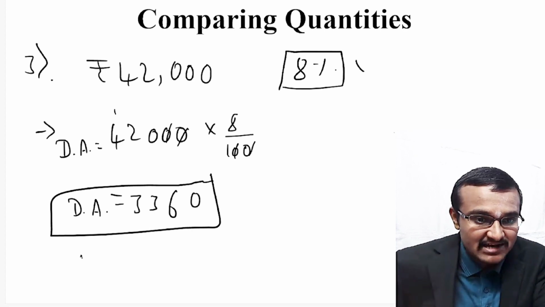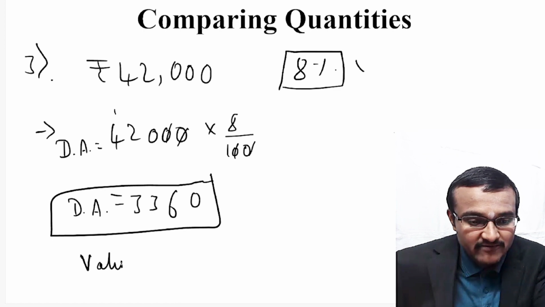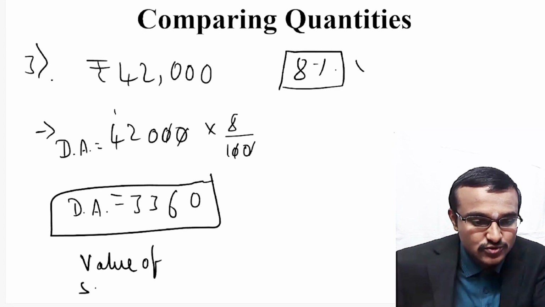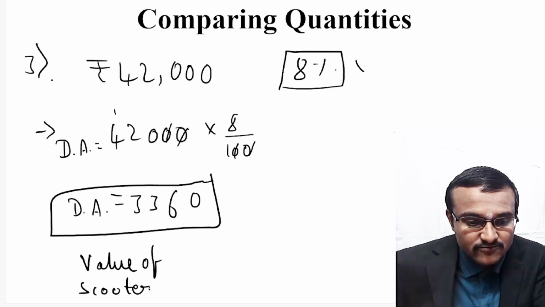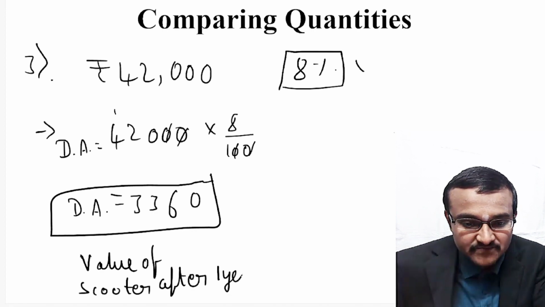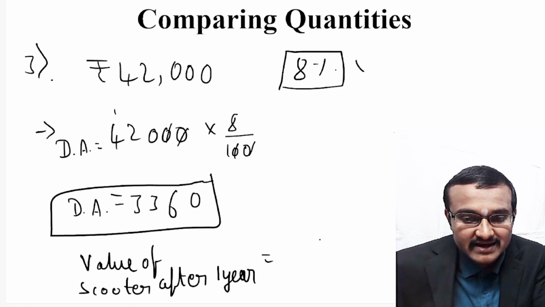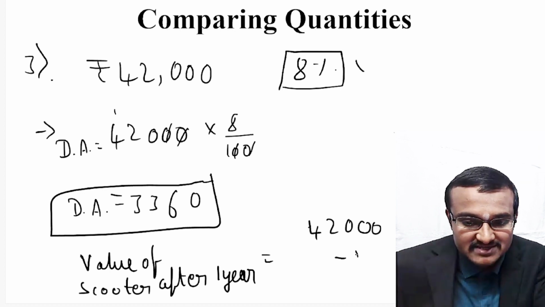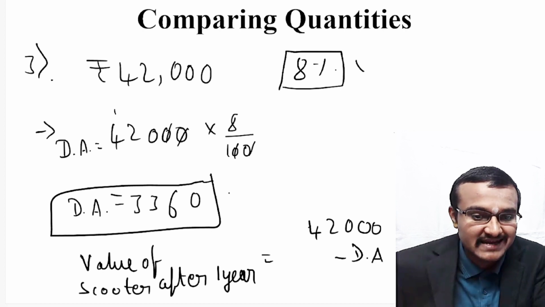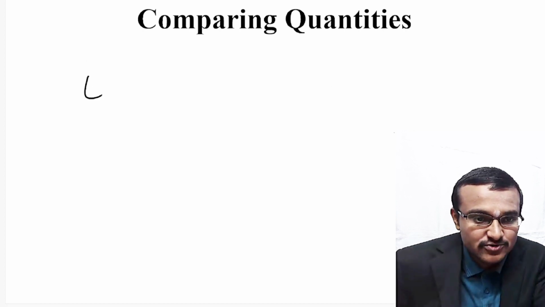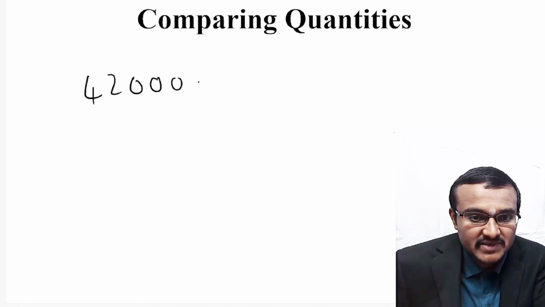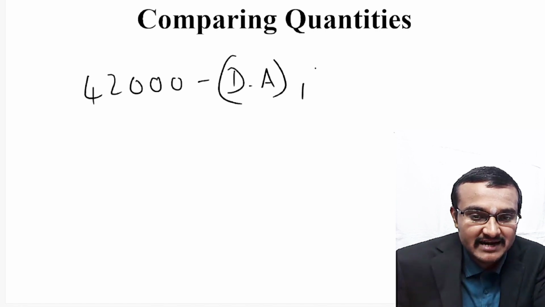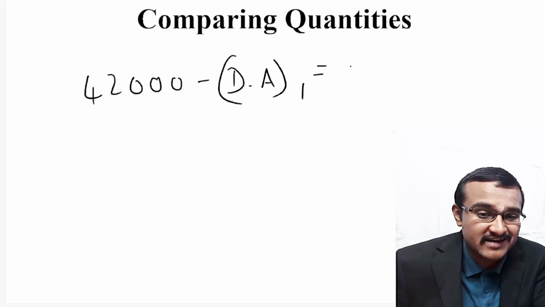That means the value of the scooter after 1 year will be equal to the current value, that is 42,000, minus the depreciation amount which we calculated. So let us take this as DA1, that is the depreciation amount for the first year.